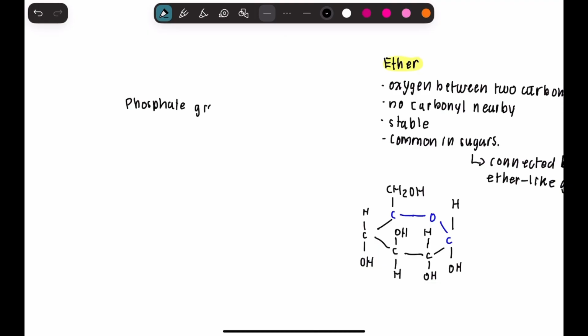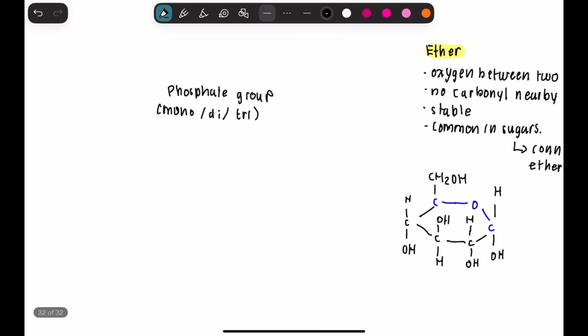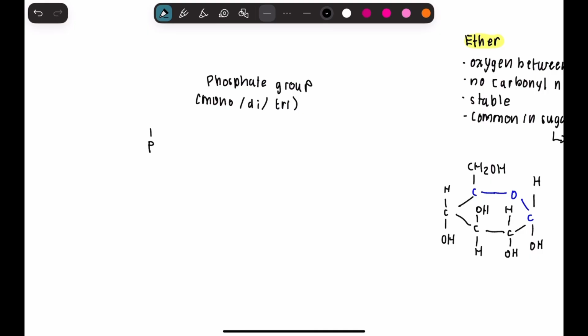Okay, now after this, let's move on to the phosphate group. Phosphate groups come as mono, di, and also tri. So what is this? This is a central P with 4 oxygens. So it's often negatively charged and it's highly polar.